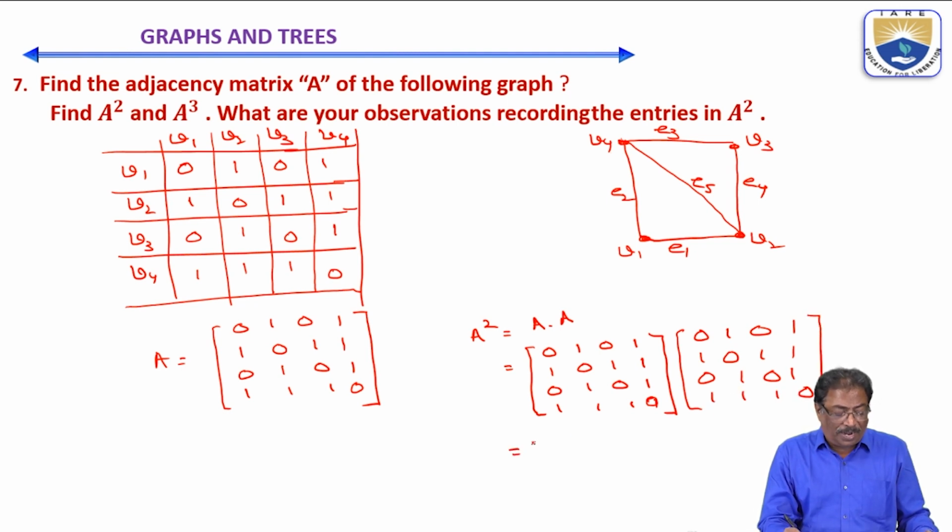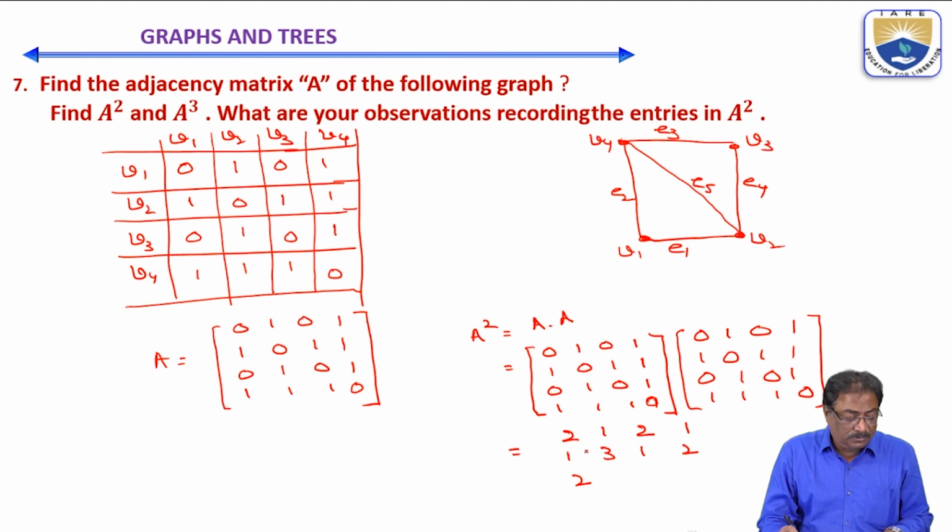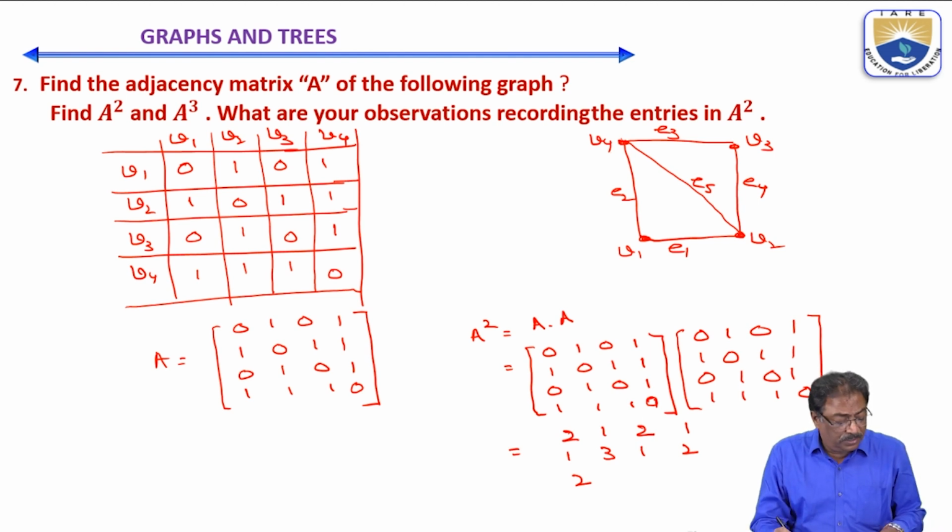Using the matrix multiplication, we are going to get 2, 1, 2, 1, next 1, 3, 1, 2, then 2, 2. So some matrix we are going to get.